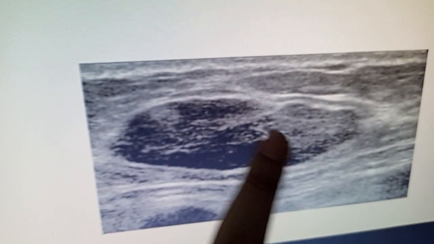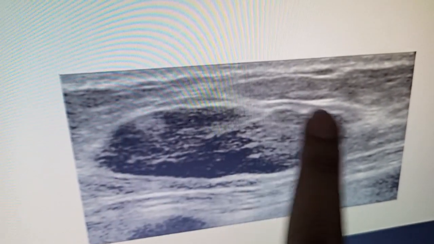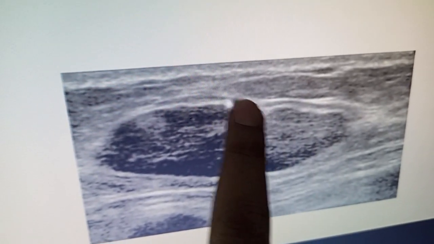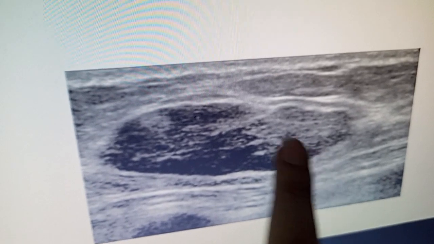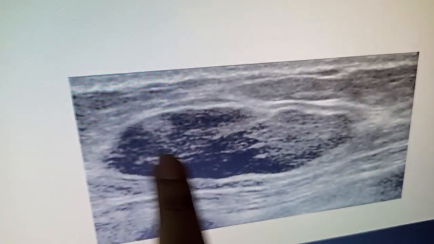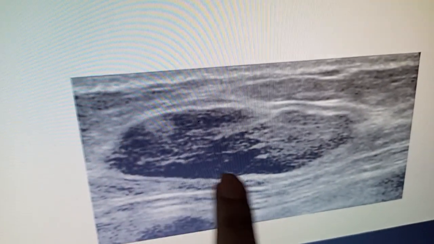How does it appear? It is hypoechoic, solid looking, and it has this thin pseudocapsule, echogenic, hypoechoic, and it has the macrolobulated margins.